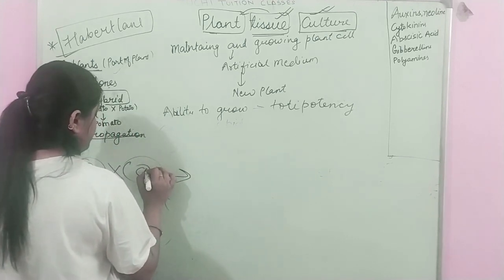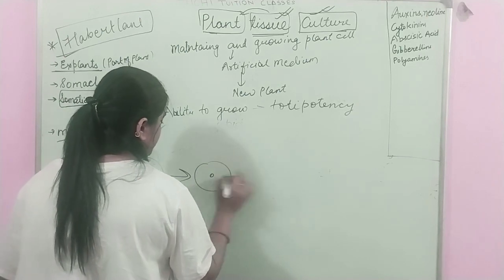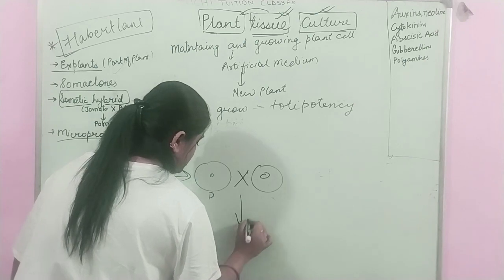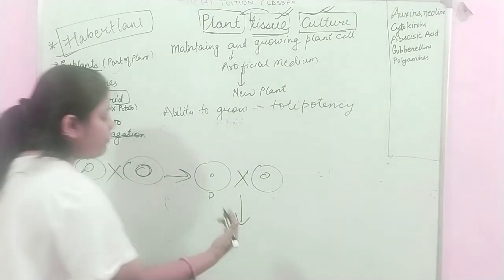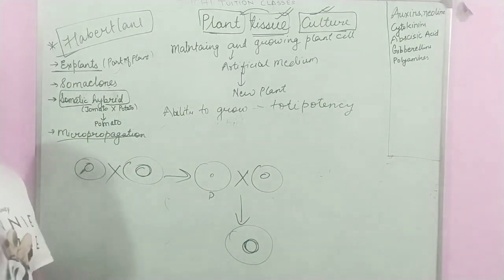Suppose this is a plant cell, and this is what? The cell wall, and this is the protoplasm. When the protoplasts are crossed, what happened? A new variety is generated after crossing.